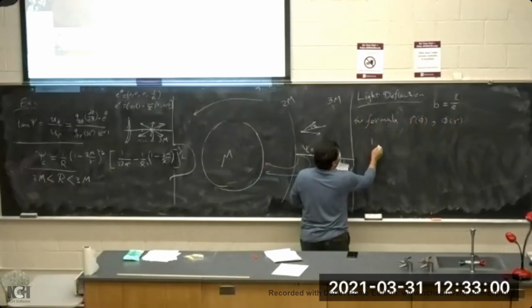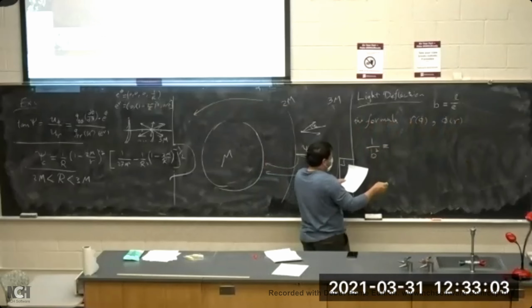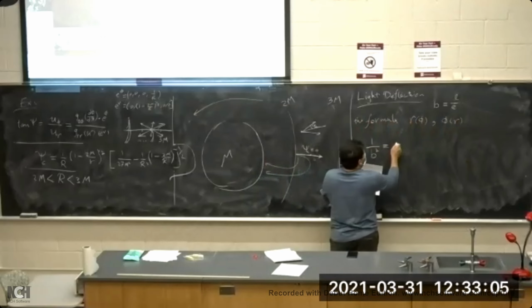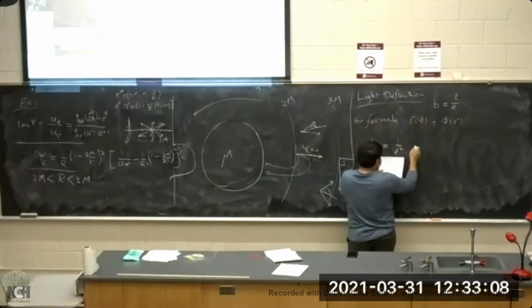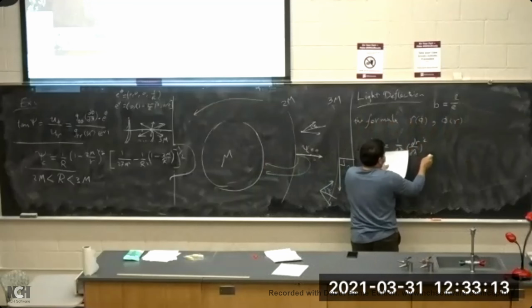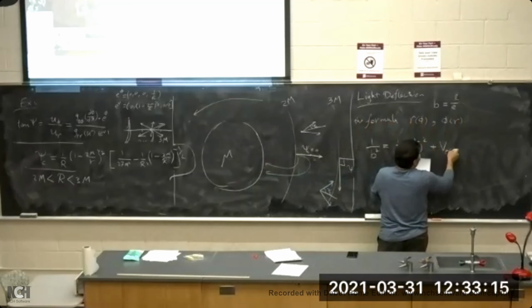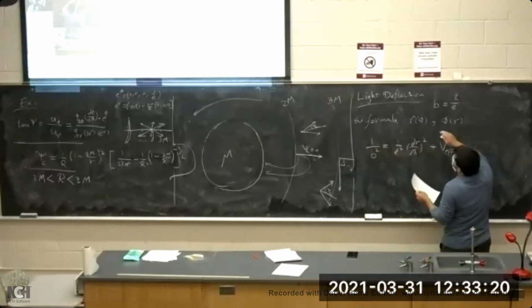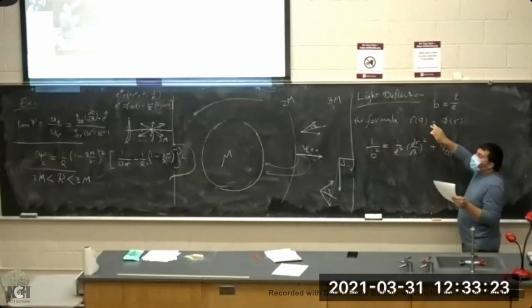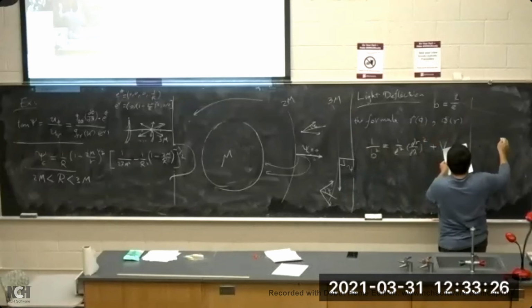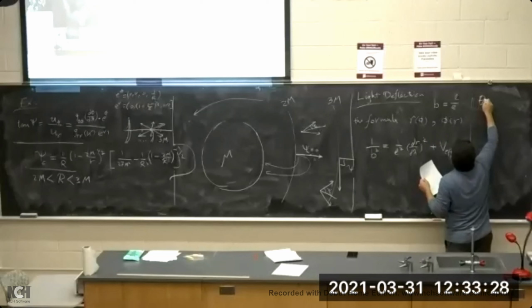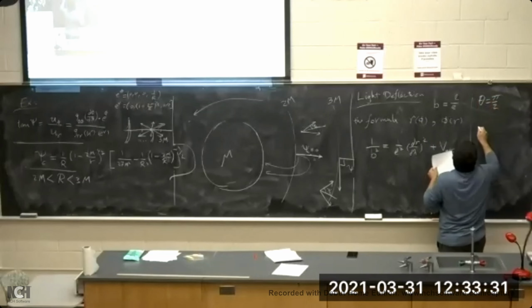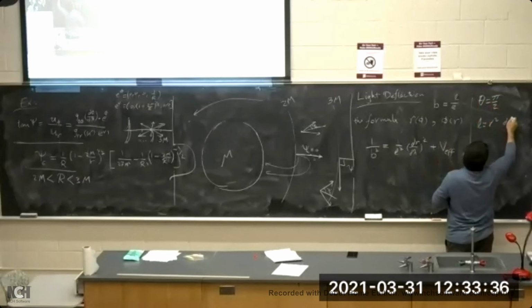Now we'll use the relation 1 over B squared is equal to 1 over L squared (dr by d lambda) squared plus the effective potential. And we need to use the condition that contains phi, which is the conservation of angular momentum at theta equal to pi over 2, and L is equal to R squared sin theta, d phi by d lambda.